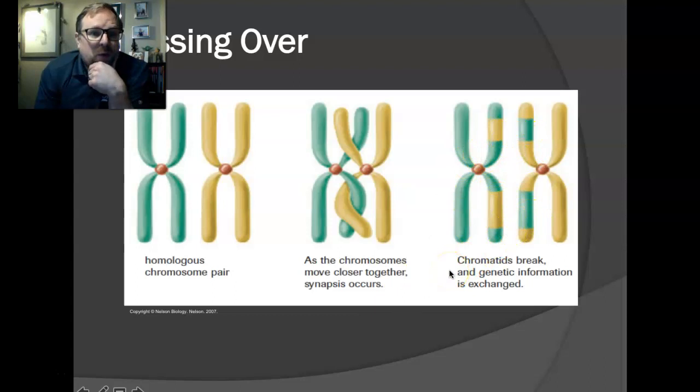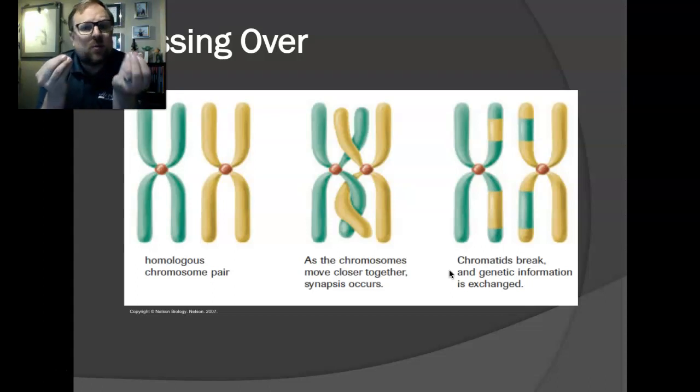The great thing about crossing over, and the thing I want you to understand, is that it leads to genetic variation. It leads to slightly different traits. It leads to us not looking exactly like our parents, because we don't know what sperm or egg we're going to end up with. Because of crossing over, independent assortment, and a few other things, it's a really random process, though not completely random, that creates the organism that you are.